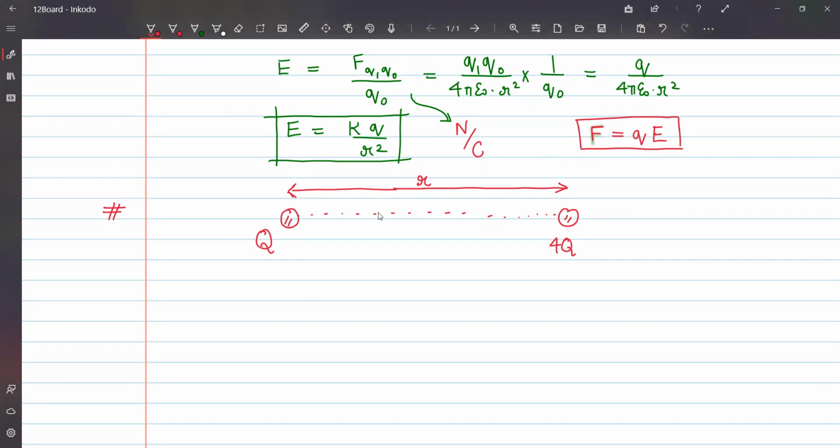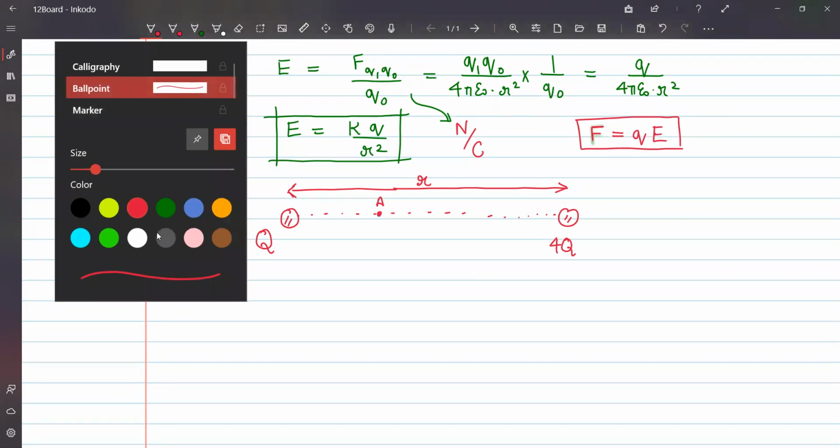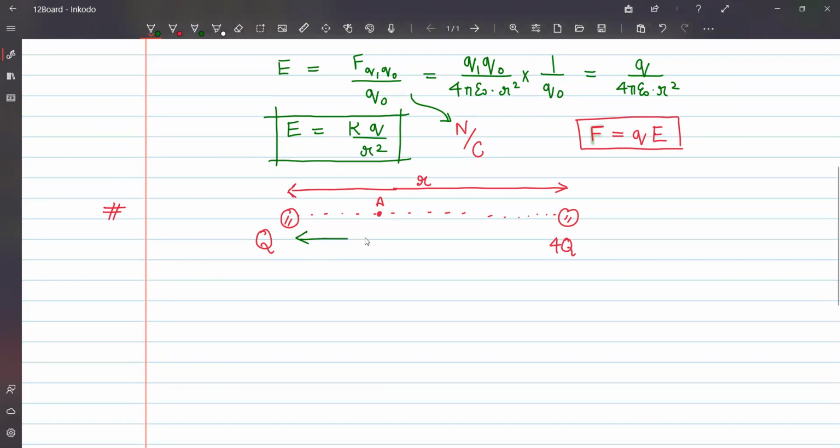If I keep my test charge at this point A, which is x distance away from the first charge, then of course it will be r minus x distance from the second charge. In that case, the electric field at point A should be 0, and we can find the point where the third charge stays in equilibrium.